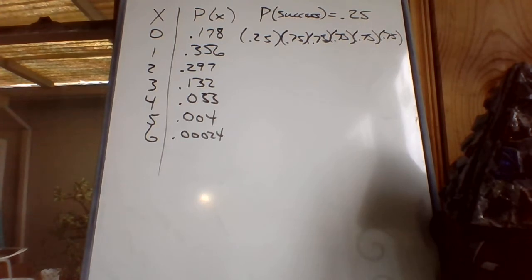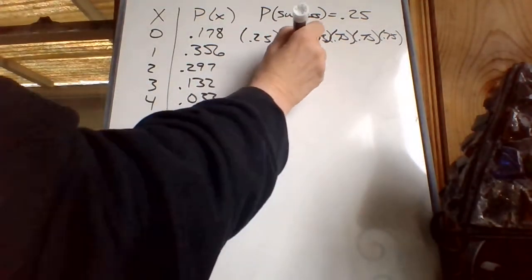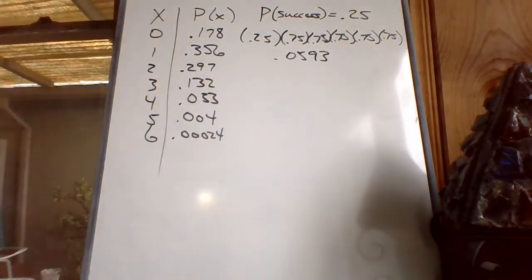Okay, so let's see, that would be 0.75 to the 5th, 0.237, times that 0.25, 0.0593, which isn't the number that's over here.